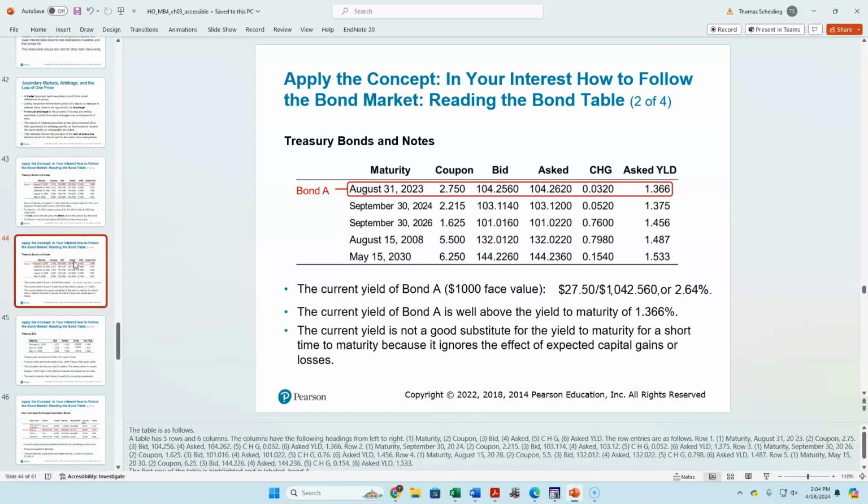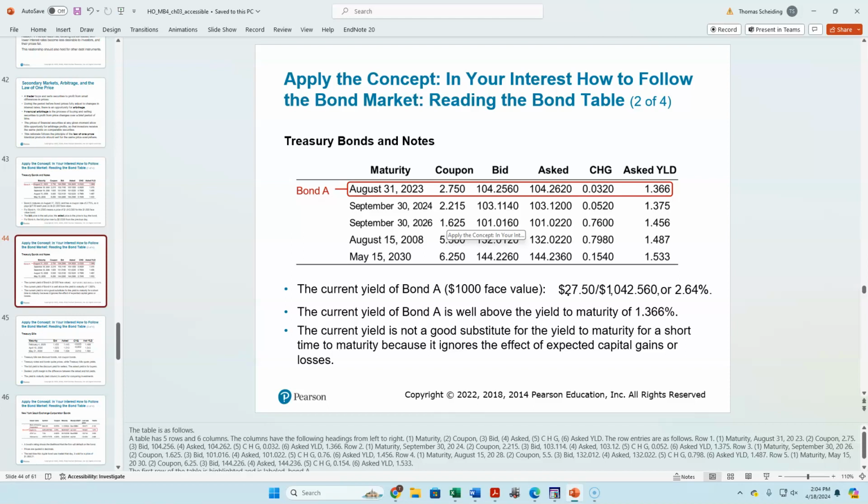Essentially, we could go over that over time. The only comparison we can make here as well is that our yield to maturity in this case is going to be different than the yield that we get from the coupon. Given this coupon rate, it's paying about 2.64%.